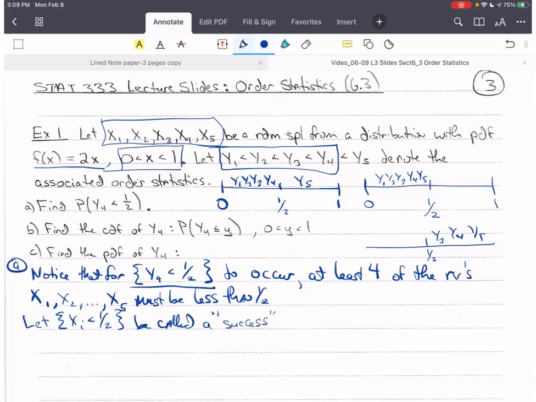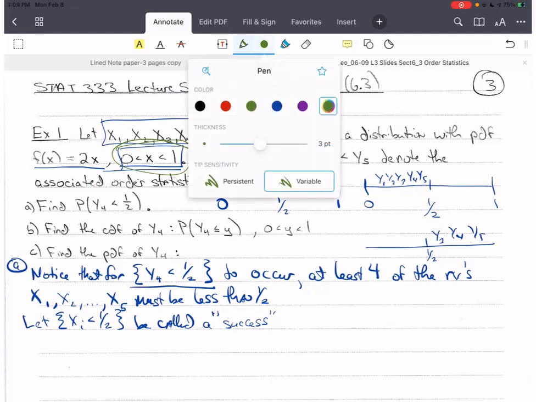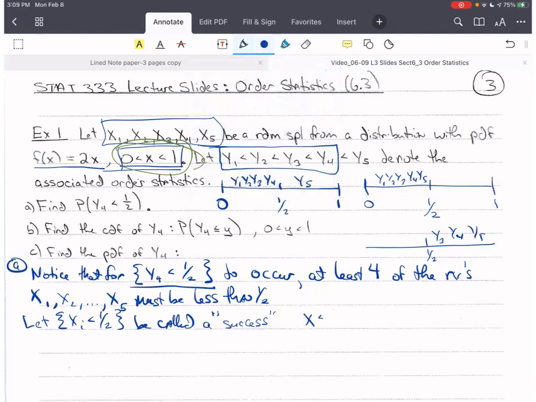So we're taking the infinite number of possibilities for x between 0 and 1, here, our support, it's continuous, so there's an infinite number of possibilities that x can take, and we're breaking that down into two categories: xi is less than a half, or xi is between 1/2 and 1. So two categories. We're going to call xi less than a half a success because that's what we're interested in.